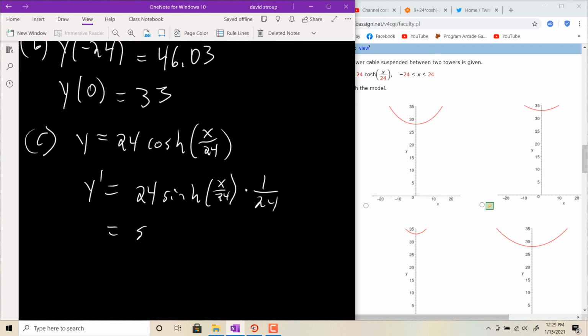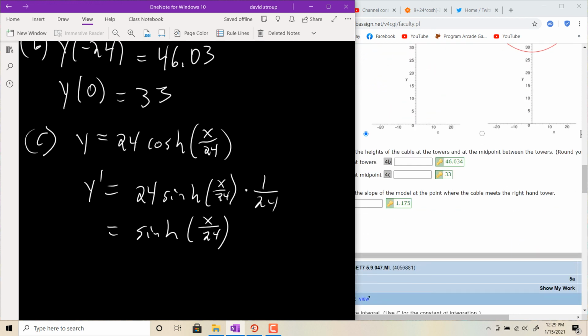So that'll be sinh of x over 24. To get the slope at the right-hand tower, you just put in the right-hand endpoint. So y prime of 24, which is sinh of 1.